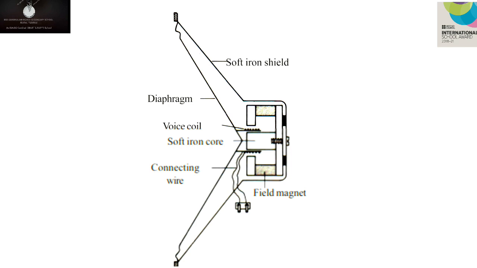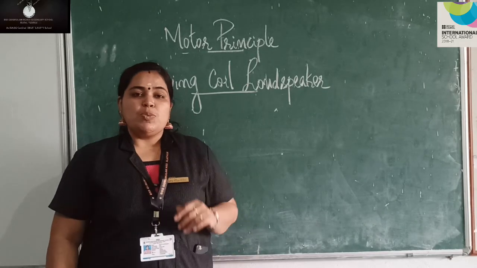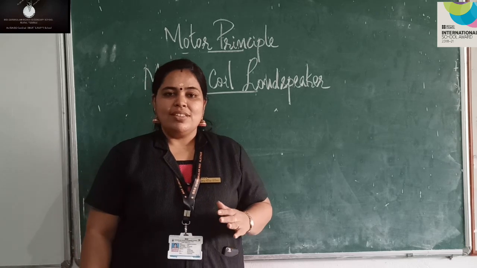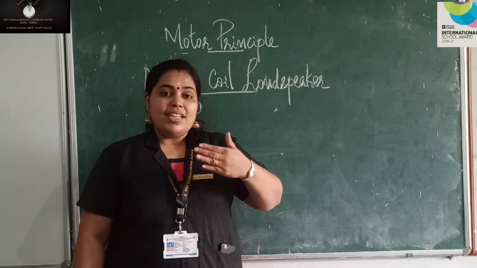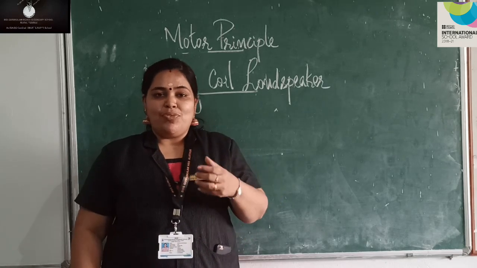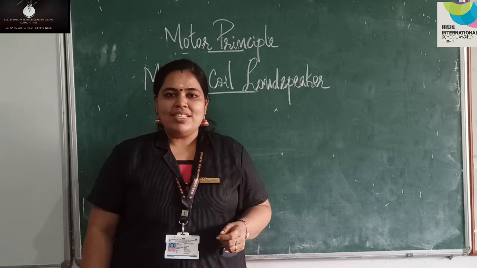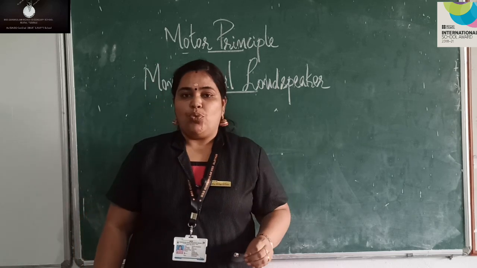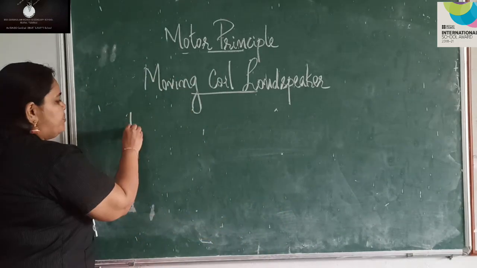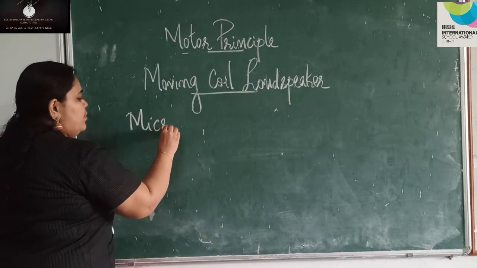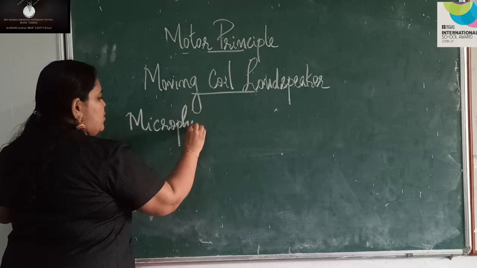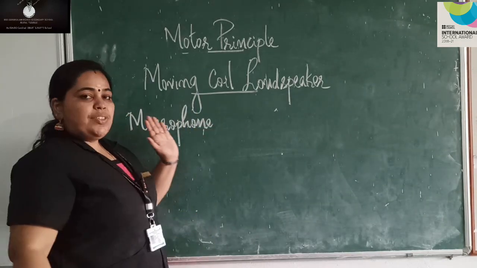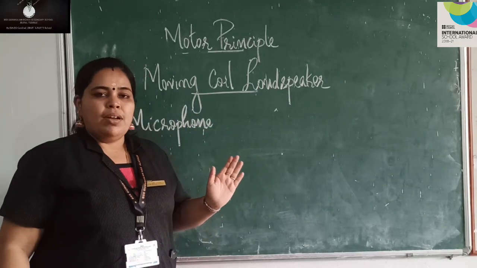And how does it work? Let's see that. For the loudspeaker to work, what is needed? Current is needed, isn't it? And we will be standing in front of the mic. So what happens?